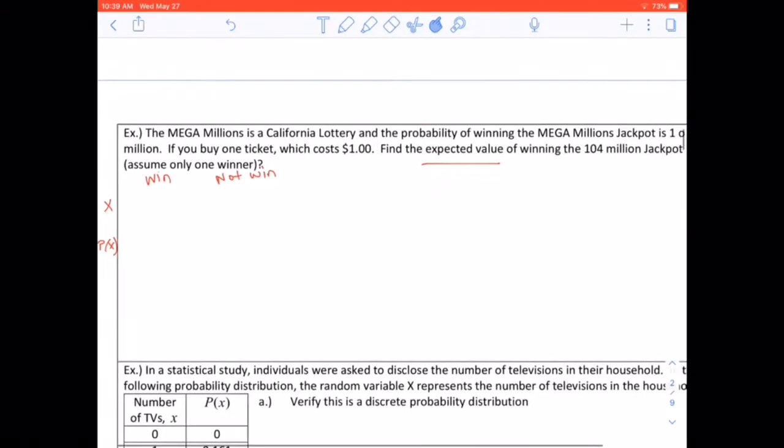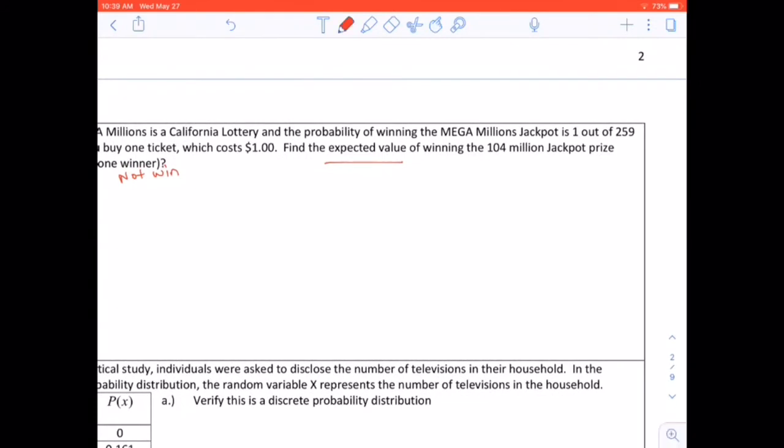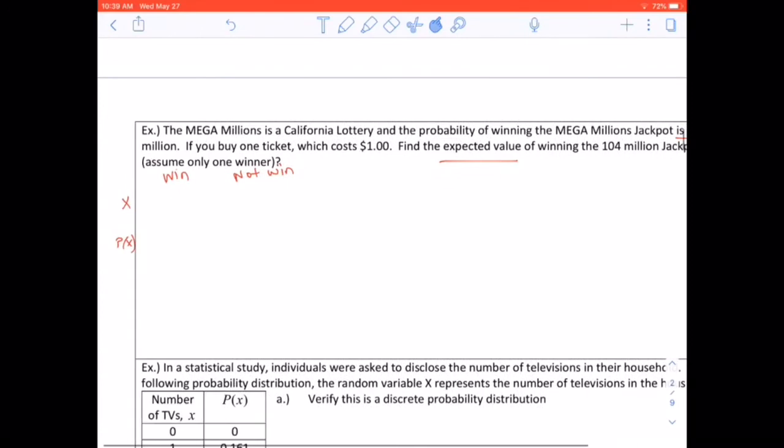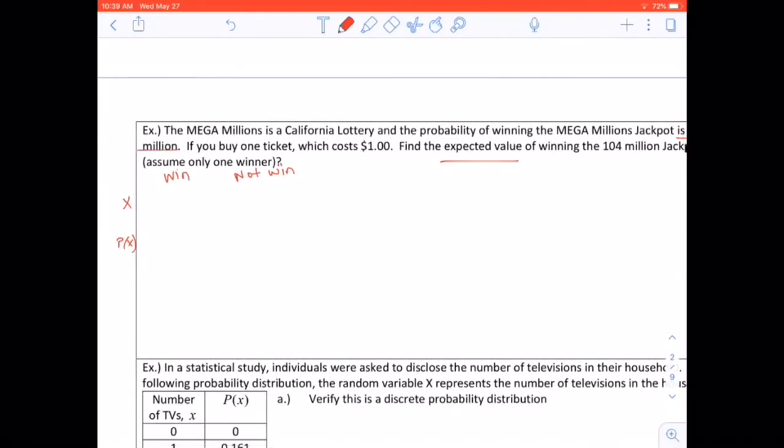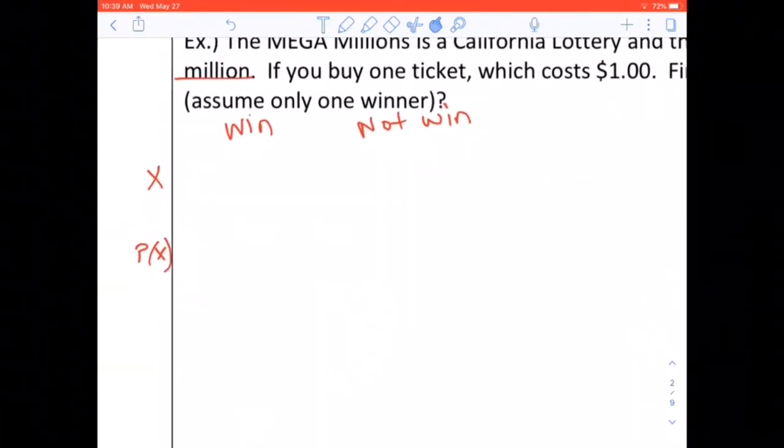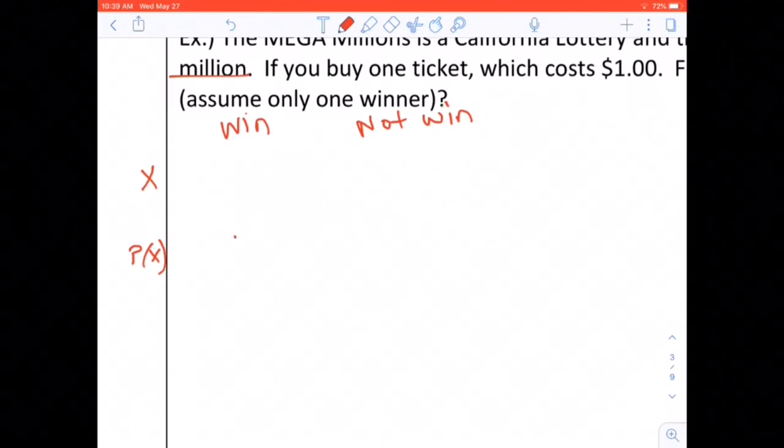So let's talk about probabilities first. It says the probability of winning the Mega Millions jackpot is 1 out of 259 million. So the probability of winning is going to be 1 out of 259 million. So put 6 zeros. Then what's the probability of not winning?